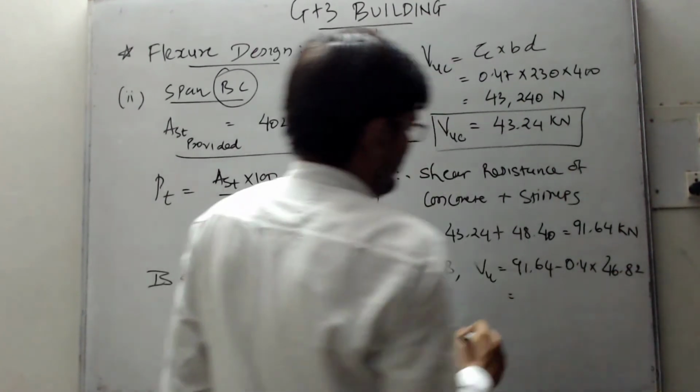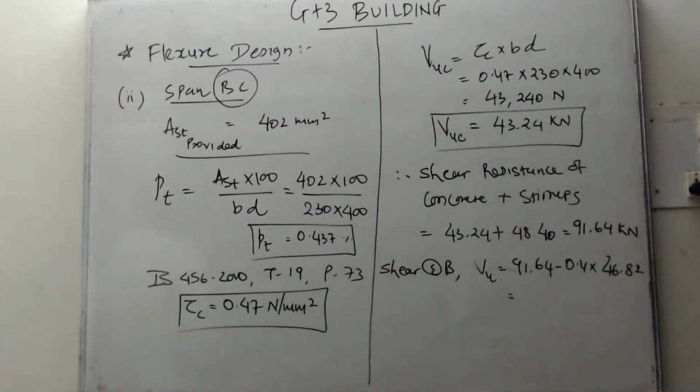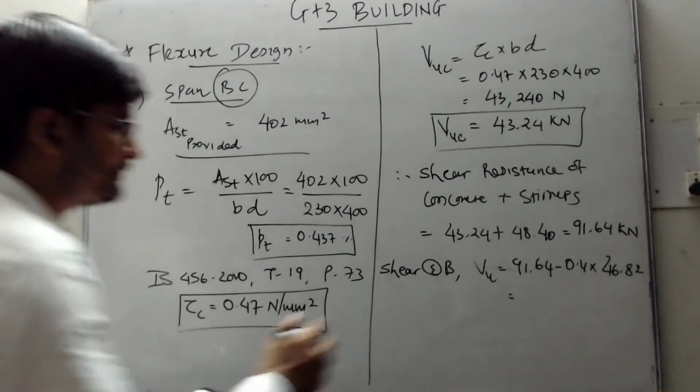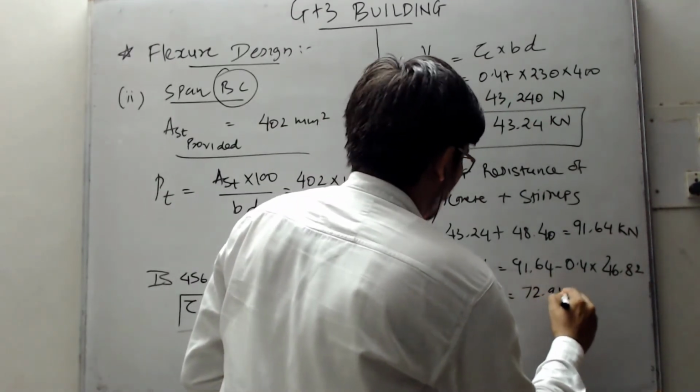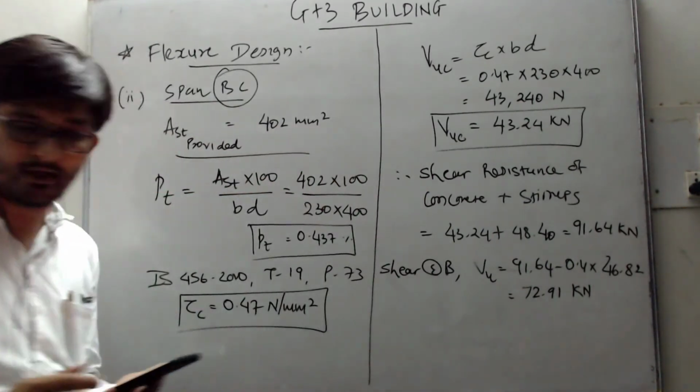So if you calculate 91.64 minus 0.4 multiplied by 46.82, I'm getting this value as 72.91 kilonewton. 72.91 kilonewton is the answer here.